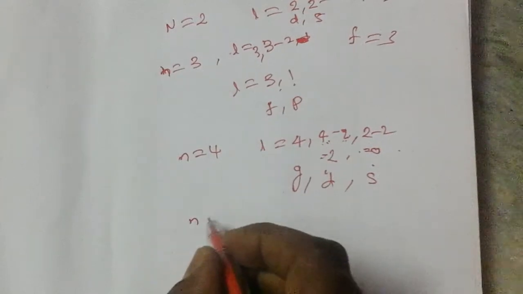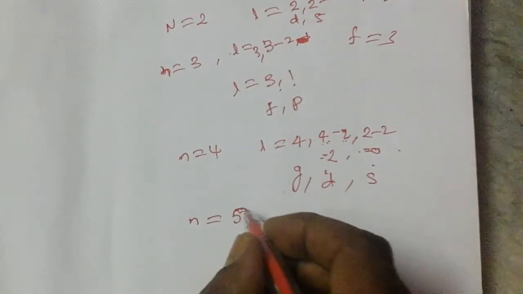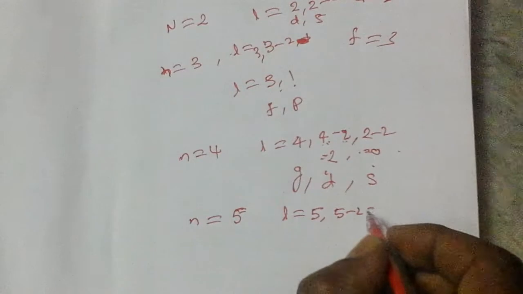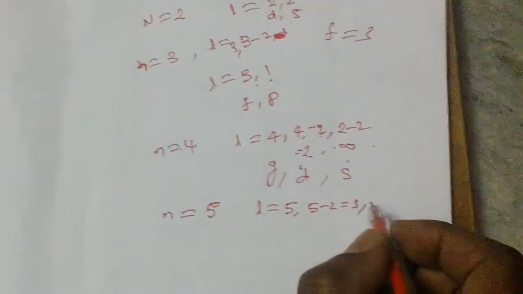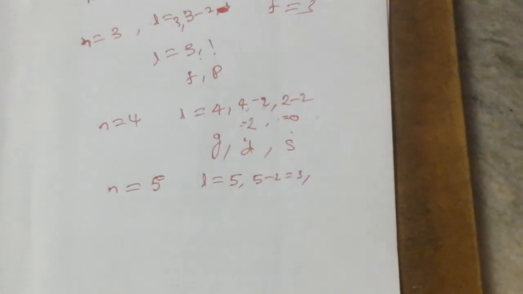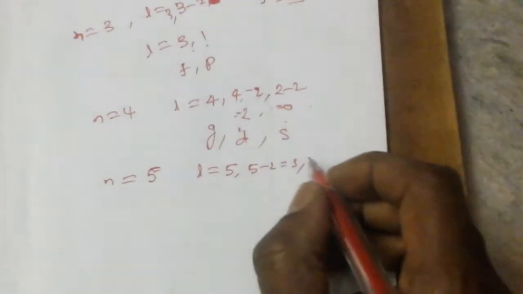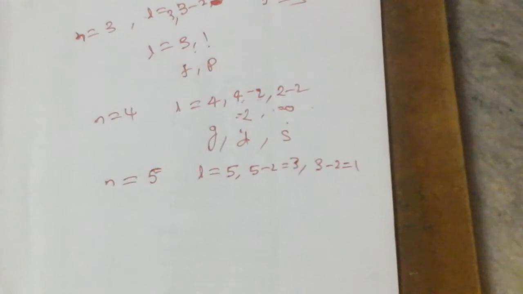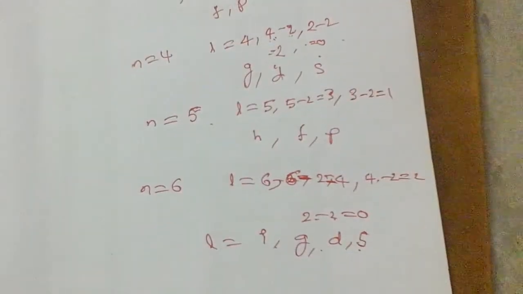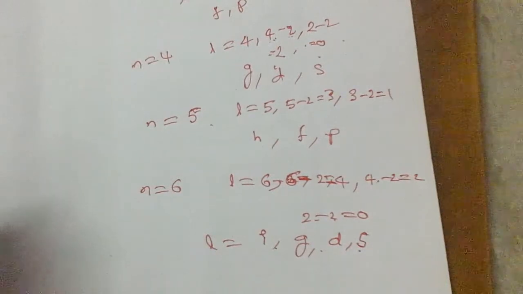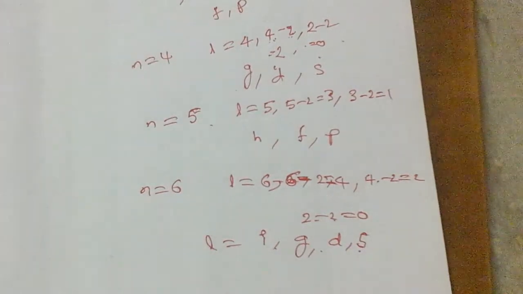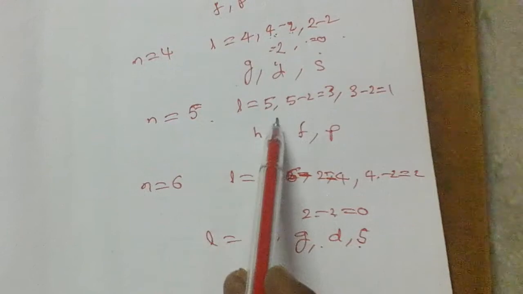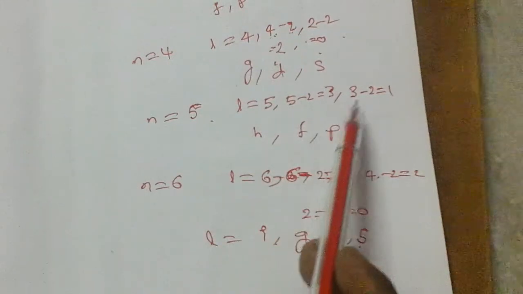If I write n is equal to 5, l is equal to 5, 5 minus 2 is equal to 3, 3 minus 2 is equal to 1.